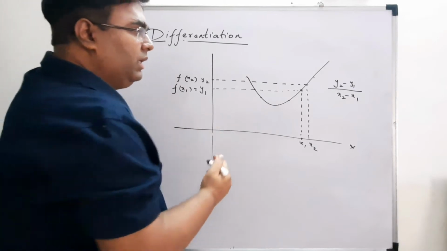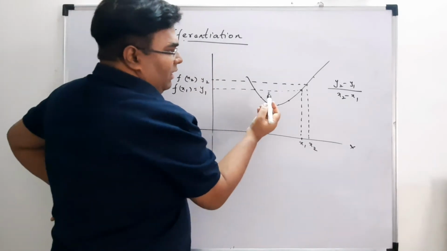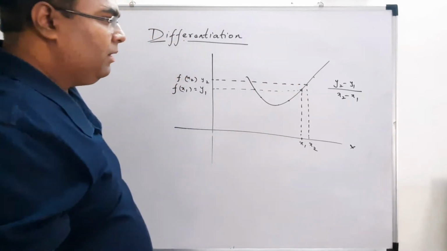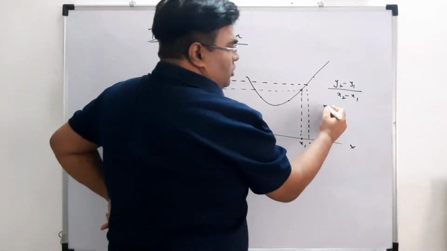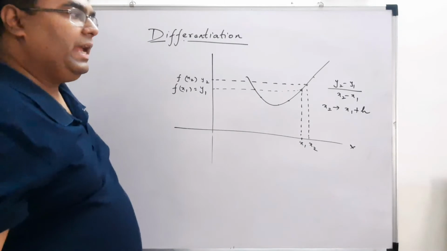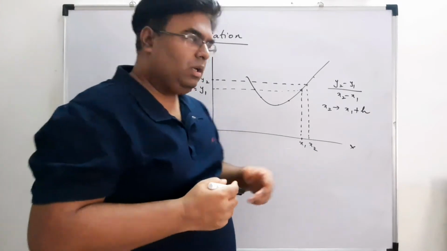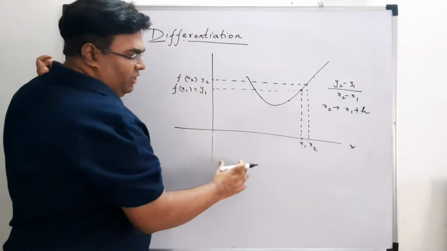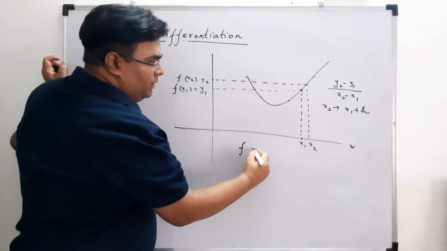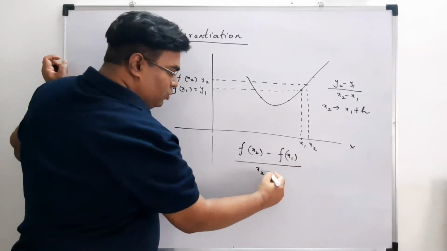Now let us elaborate this. Since we are interested in the small changes, I will make this point very close to this x1, so close that my x2 is basically x1 plus h. So when x2 is x1 plus h, the formula for differentiation changes. y2 is f of x2, so it is f of x2 minus f of x1 upon x2 minus x1.